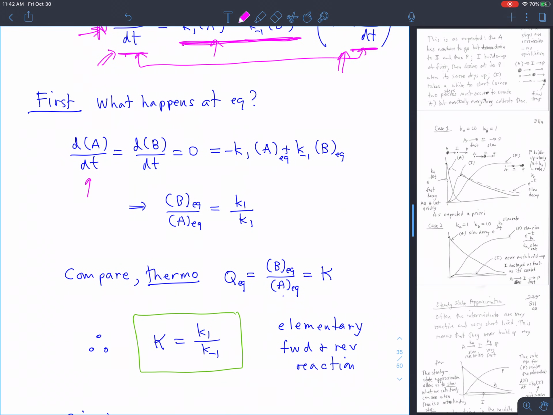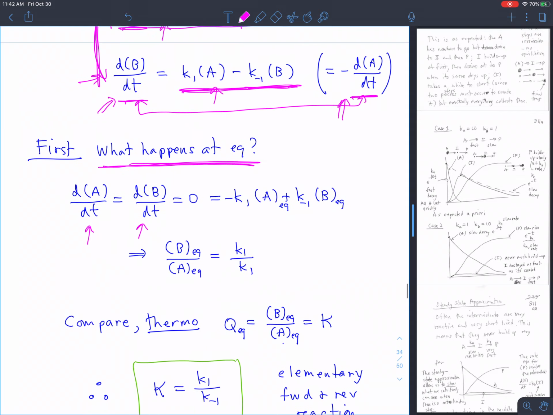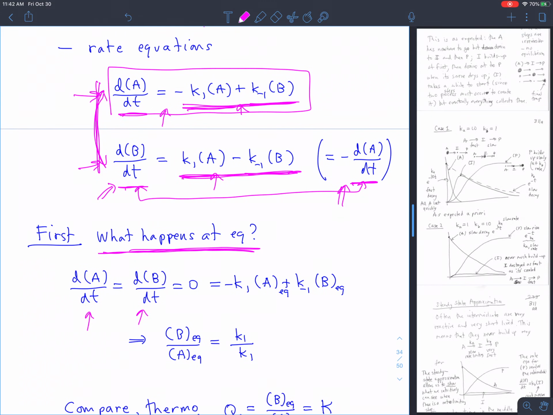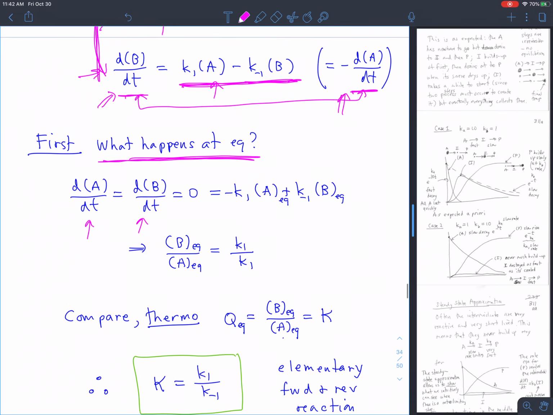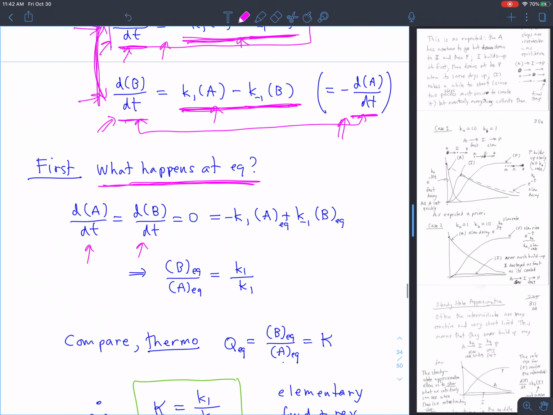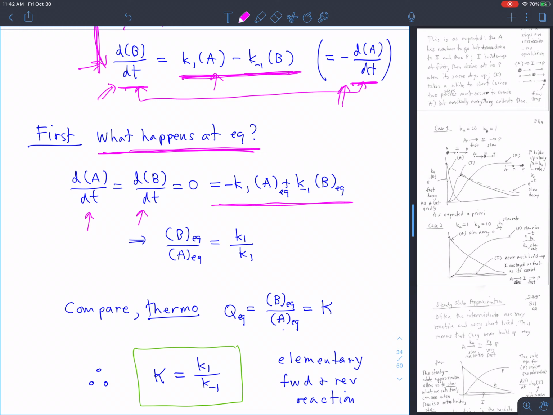And if we set that equal to 0, we are thinking about what happens when the reaction goes to equilibrium. If I allow this reaction to go to equilibrium, I know that the rate of change for every chemical species has to drop to 0. So to investigate that, we set this rate equation equal to 0. That means this stuff over here is equal to 0 if these concentrations for A and B are at their equilibrium values.